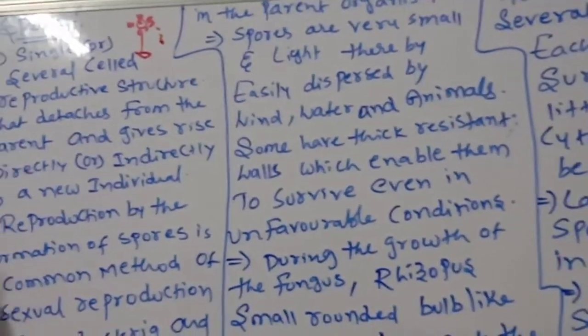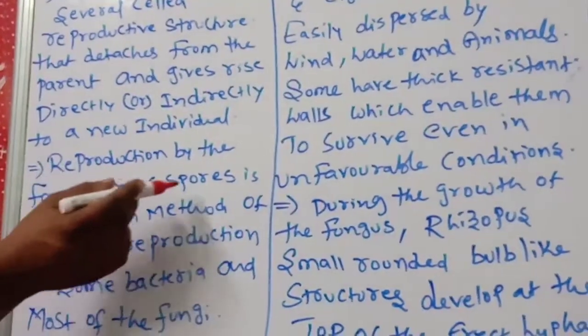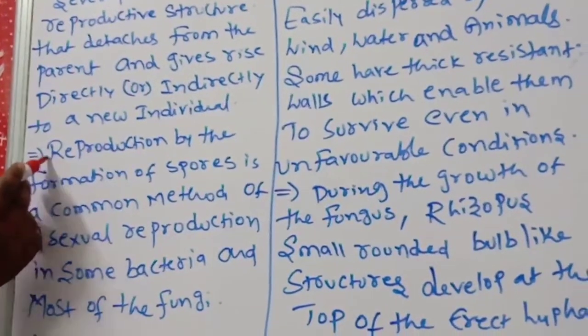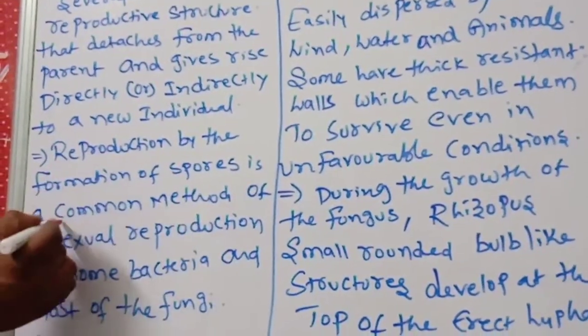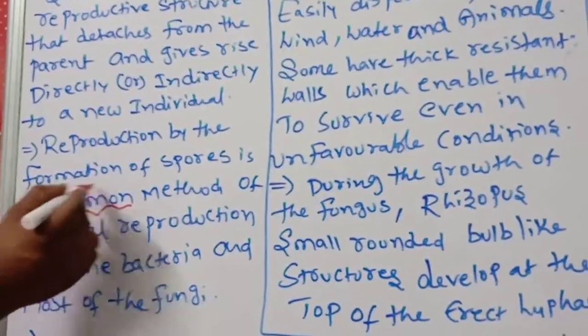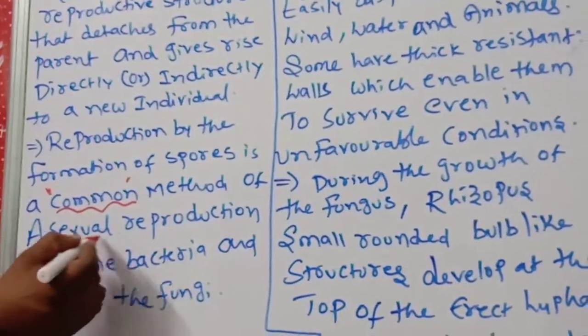Reproduction by the formation of spores is a very common method of asexual reproduction.